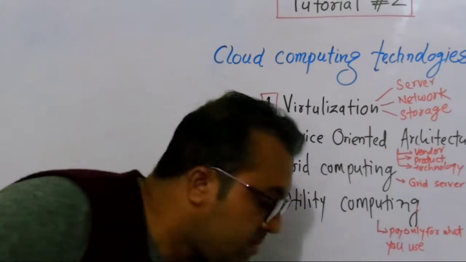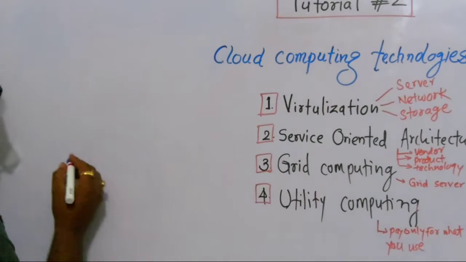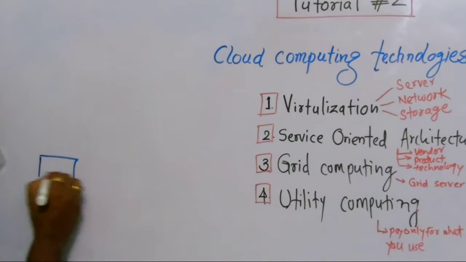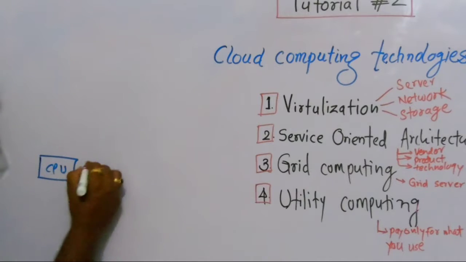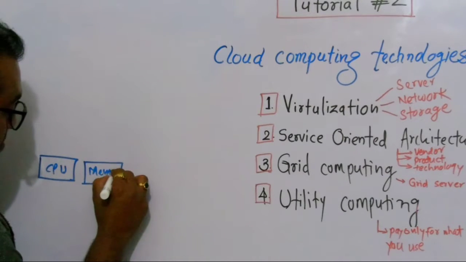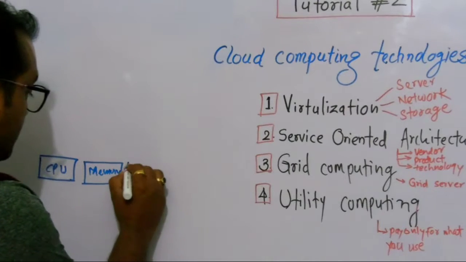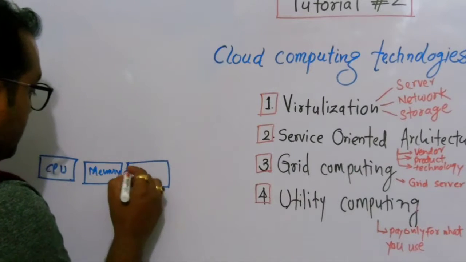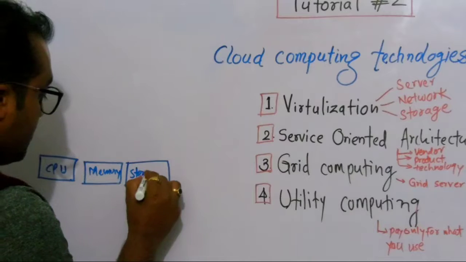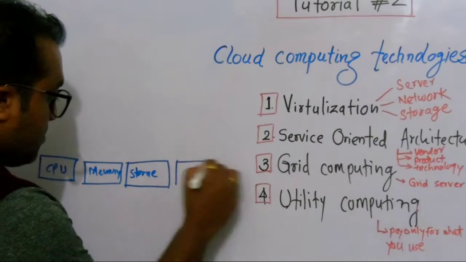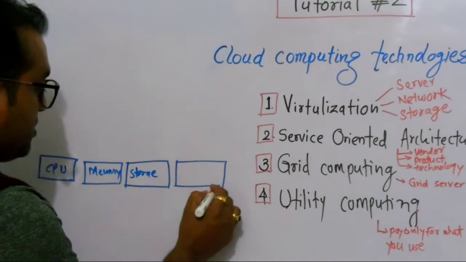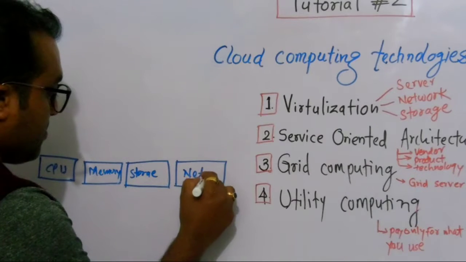So let me draw the diagram for you. Let's say you have a CPU, storage, network.